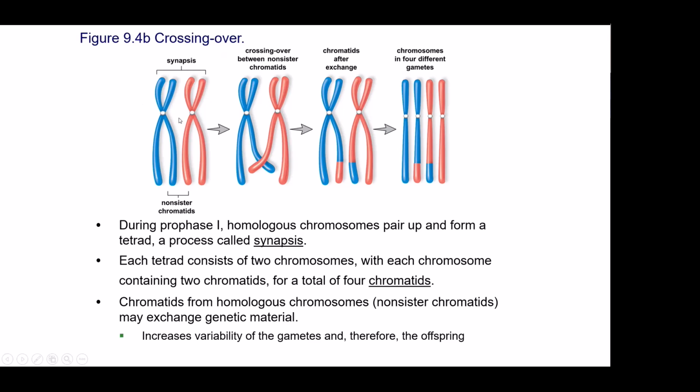These homologous chromosomes synapse, and there will be a switching of chunks, an exchange of material. This is another way for variation to occur.